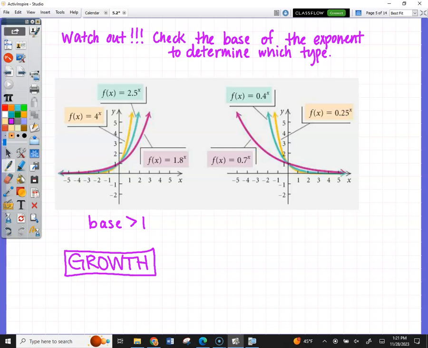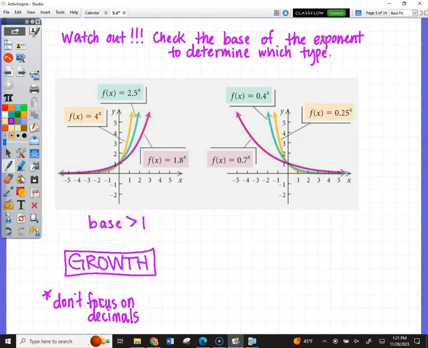And when we say greater than 1, I do want you to make a note: don't focus on decimals. Some people, when I say greater than 1, they like to think, okay, big numbers.